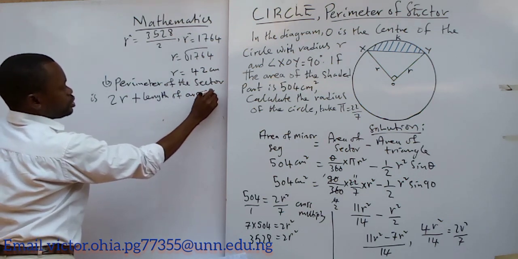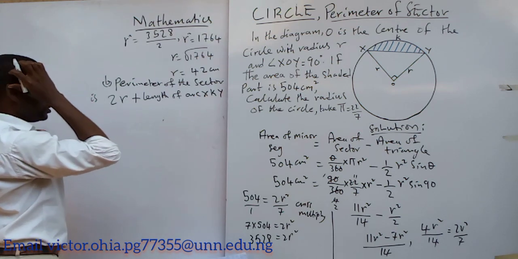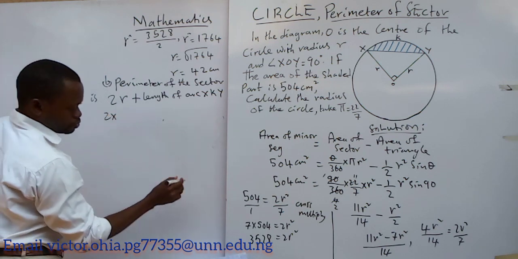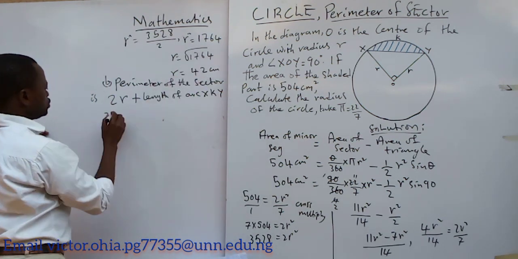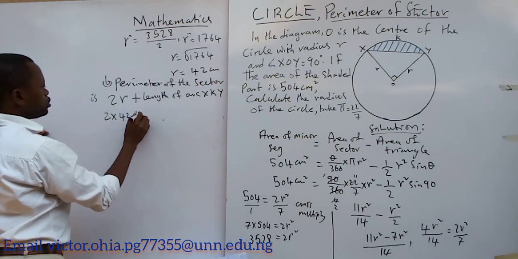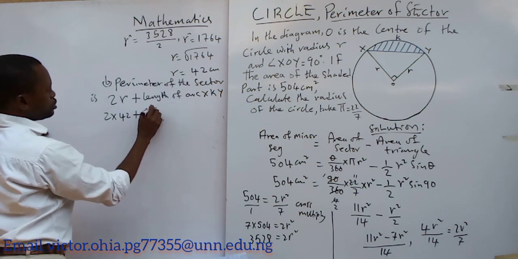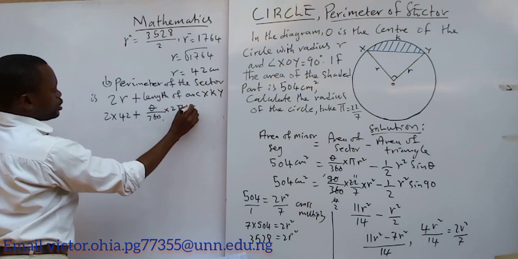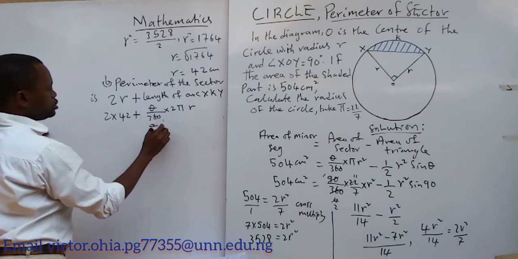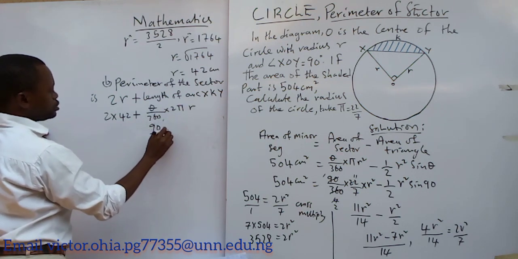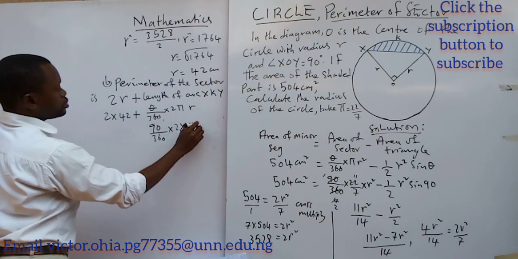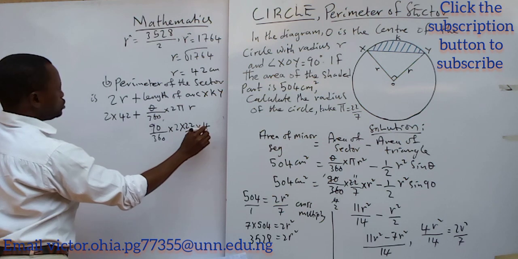Then this is now 2 times the radius, which is 2 times 42, plus the length of the arc, which is theta over 360 times 2 pi r. So 90 over 360 times 2 times 22 over 7, then times 42.